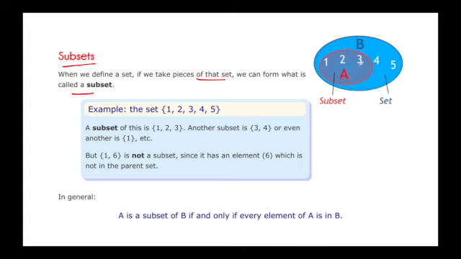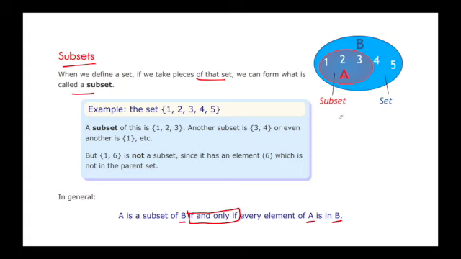So the set A, 1, 2, 3, is totally inside the set B. So A is a subset of B, and that is if and only if every element of A is in B. So this here is what we call a proper subset.